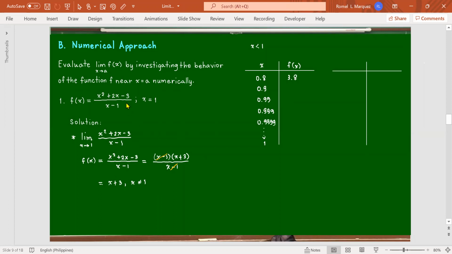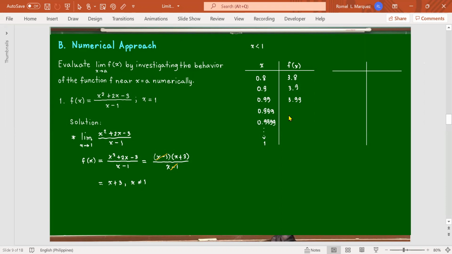You can also substitute here, but it is easier to compute in x plus 3 rather than in this quotient. After all, we are not going to assign 1. Okay, guys? So if x is 0.9, we have 3.9. Okay? When x is 0.99, we get 3.99 for the value of f of x.